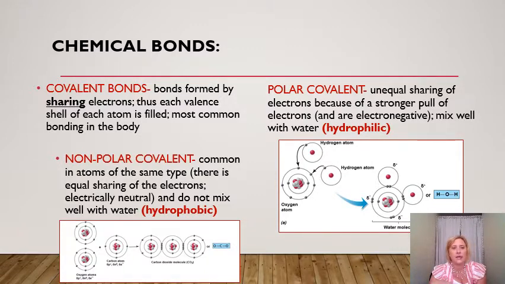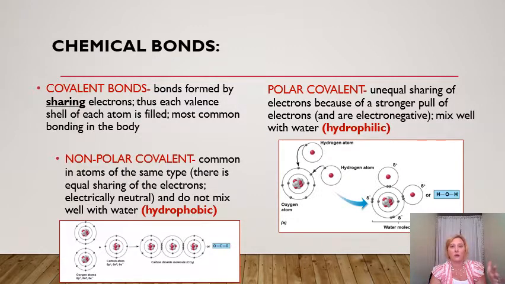So the two different types of covalent bonds that can happen are nonpolar covalent bonds and polar covalent bonds. Now, when we're talking about the concept of polarity, polarity means that there's going to be an unequal charge distribution between the two molecules.